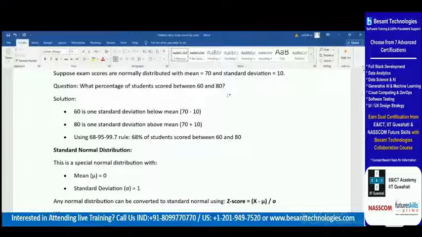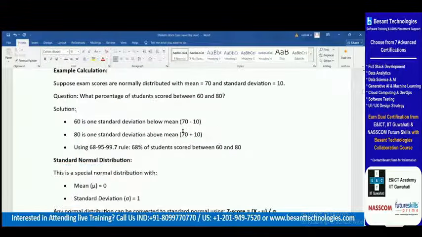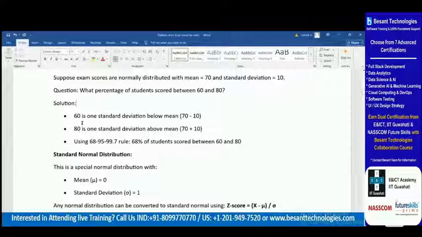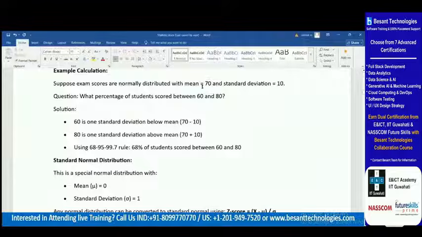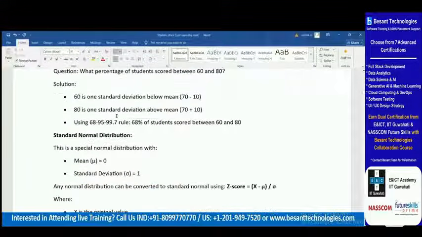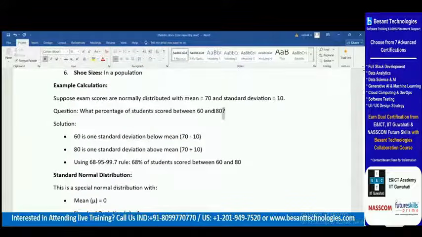For that I have to apply the empirical rule. 60 is one standard deviation below the mean, so I subtract: 70 minus 10. 80 is one standard deviation above the mean, so I add: 70 plus 10. Using this rule, 68% of students scored between 60 and 80. If I get some other values, I have to replace these two values with those values.